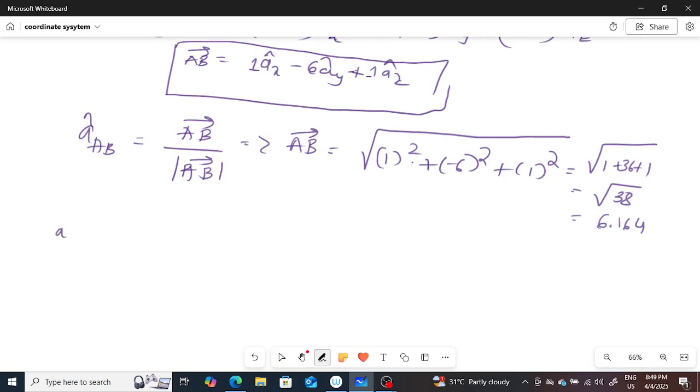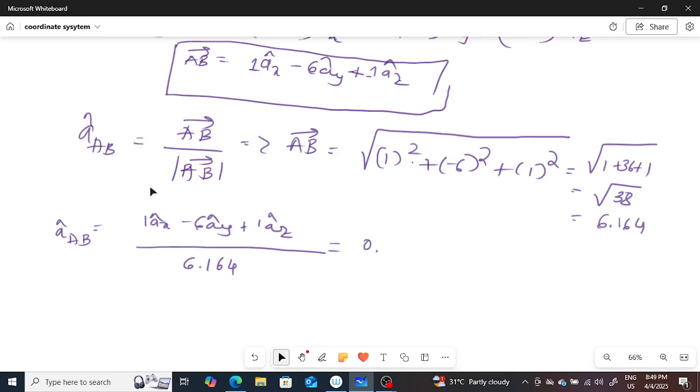So you can write the unit vector now: 1ax minus 6ay plus 1az divided by 6.164, which is equal to 0.162 ax.